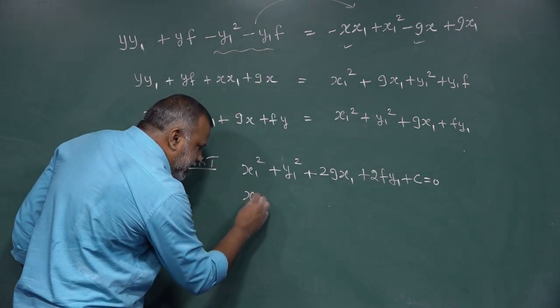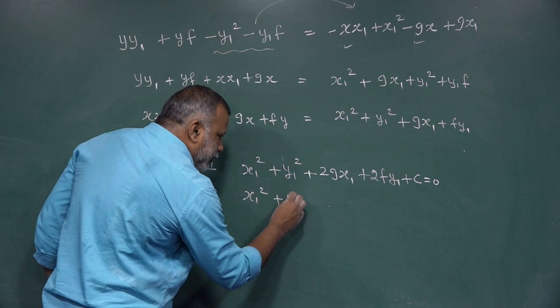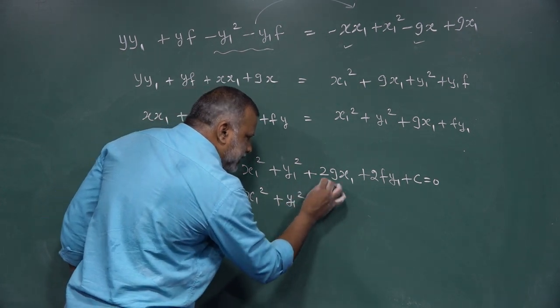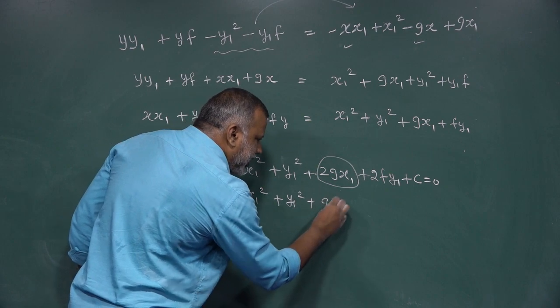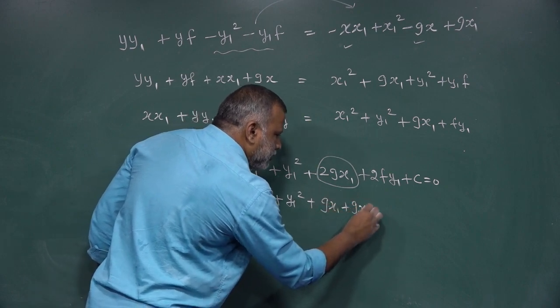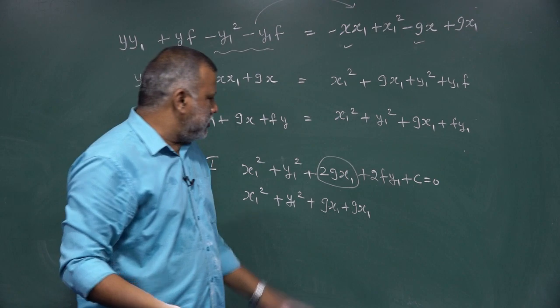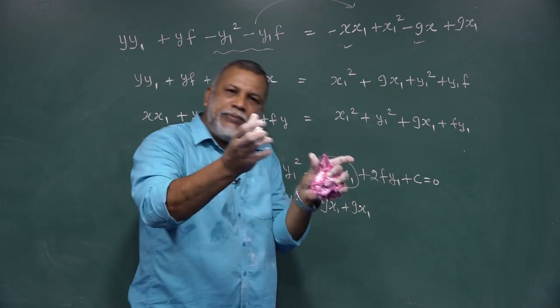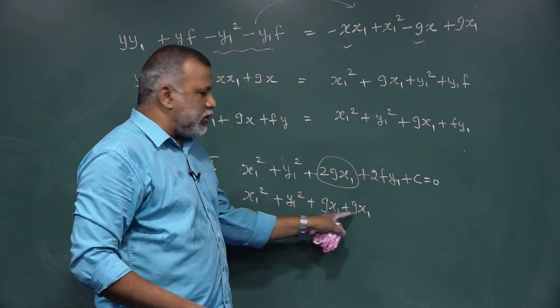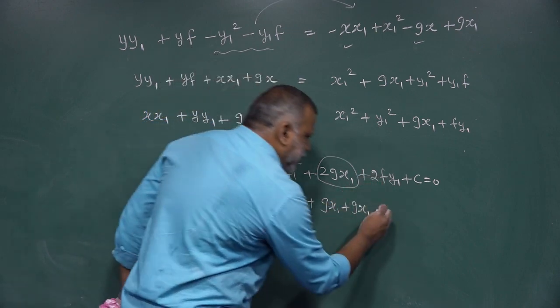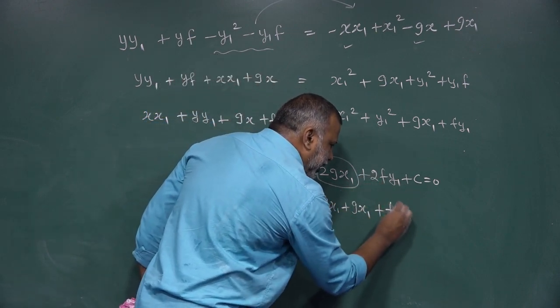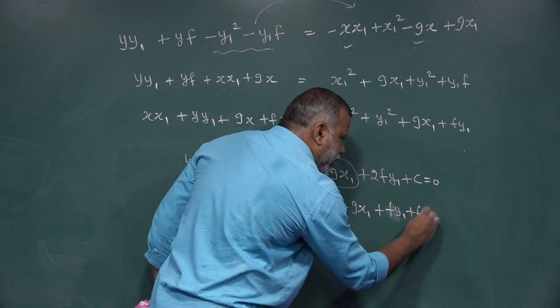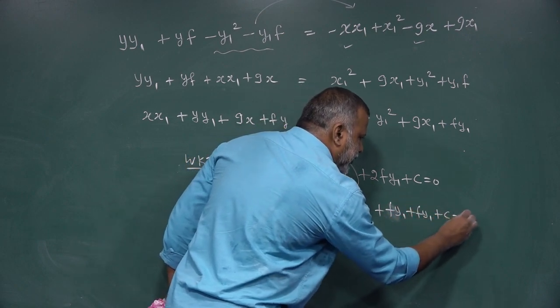Now 2gx1 I can write as gx1 plus gx1, and 2fy1 as fy1 plus fy1, plus c equal to 0.